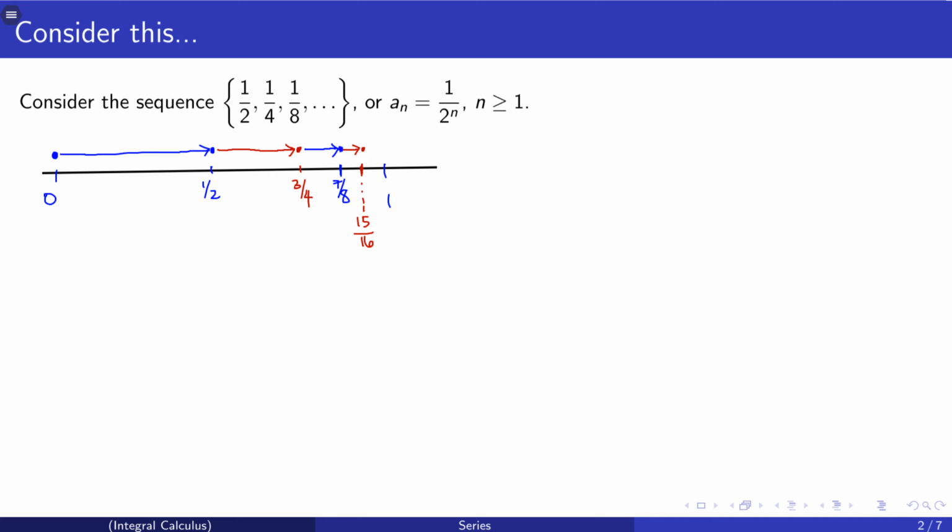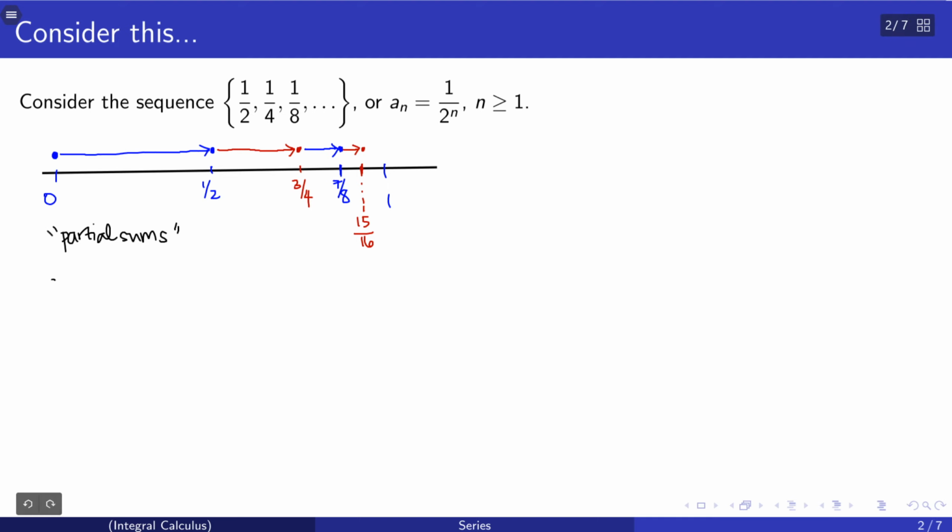In fact, I can represent these running totals as, well, I'm going to call them partial sums. It's a more formal term for it. But again, it's essentially, let's start adding and keep track of where we're at after each term.